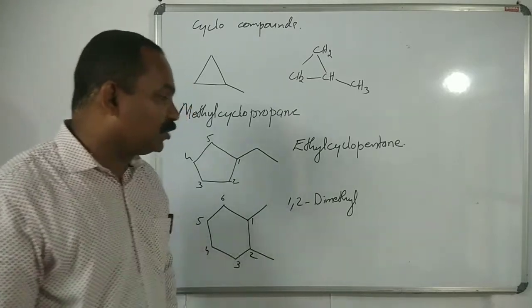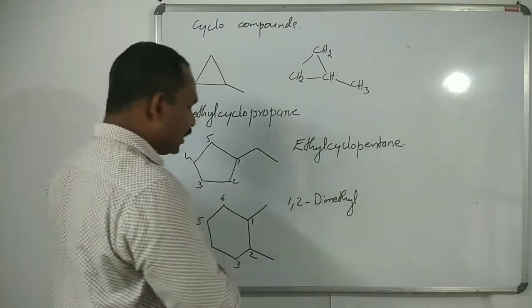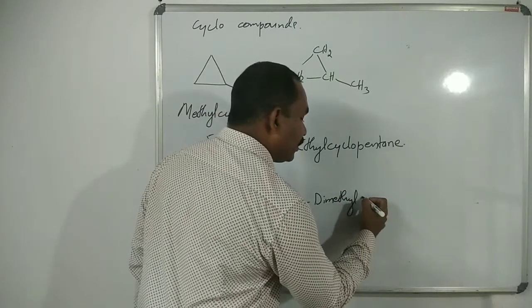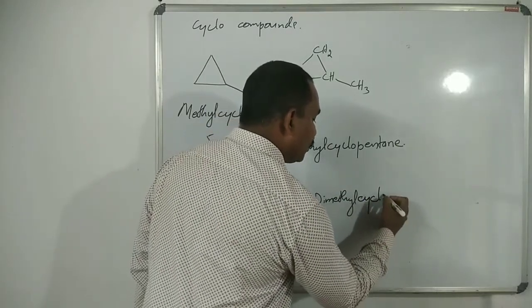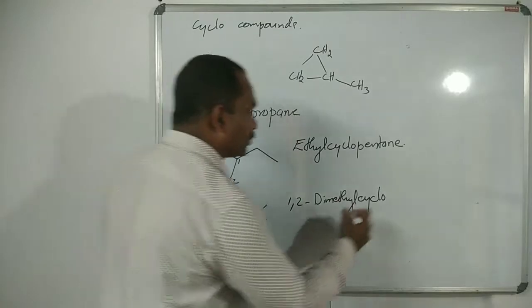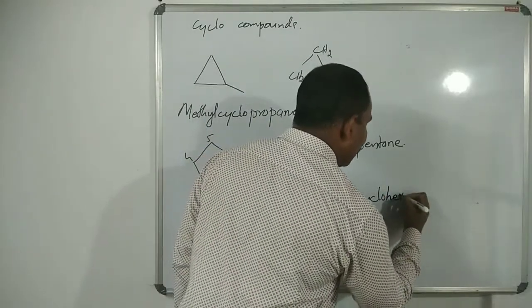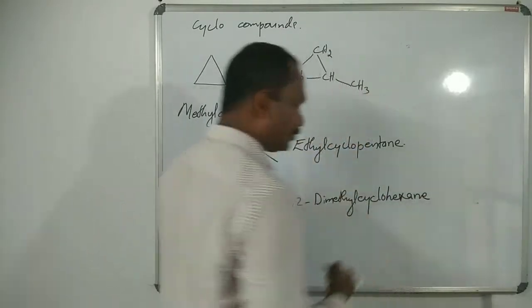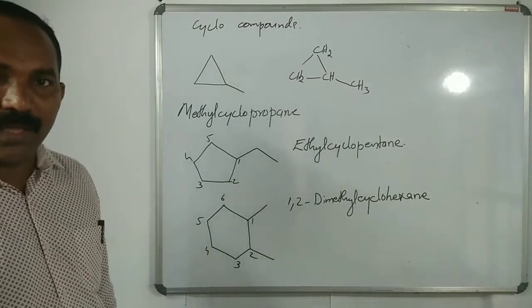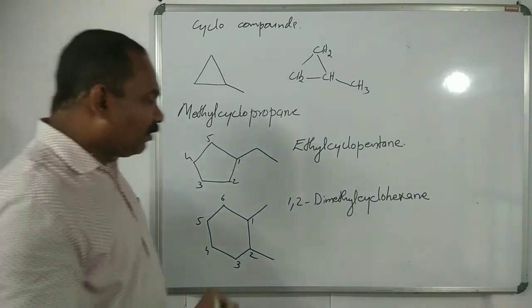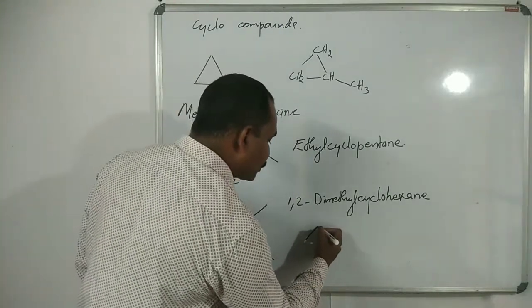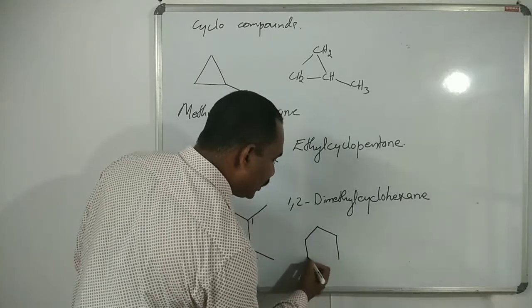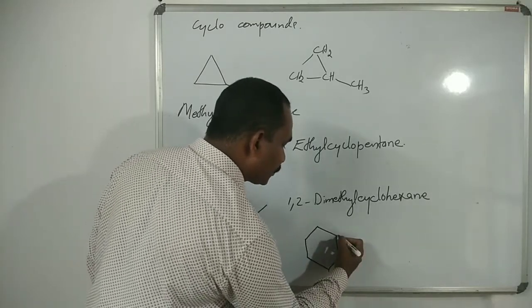So 1,2-dimethyl cyclic compound. The primary prefix is cyclo and there are 6 carbon atoms in the ring, that's why hexane. If two different groups come, you should follow alphabetical numbering.